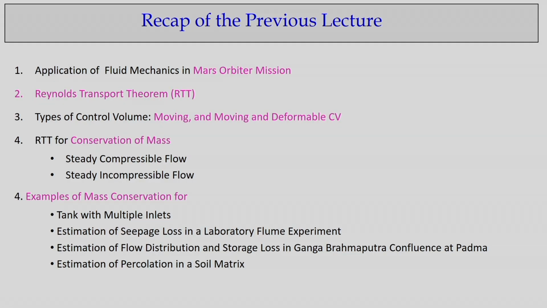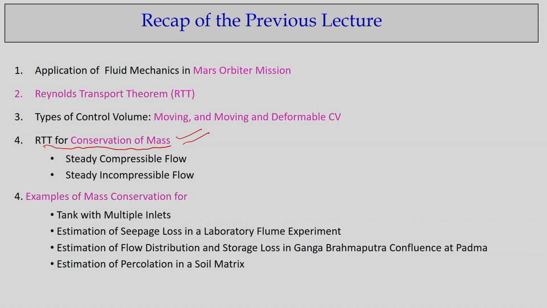Now, let us come back to what we studied in the last class. As I told you, we discussed the Reynolds transport theorem for conservation of mass, and when we apply it we have two basic assumptions: with respect to time, the flow is steady or unsteady.